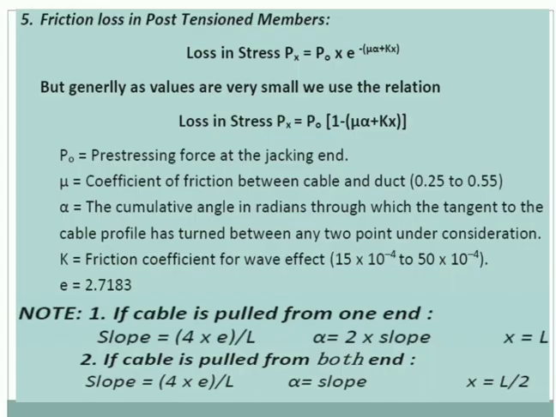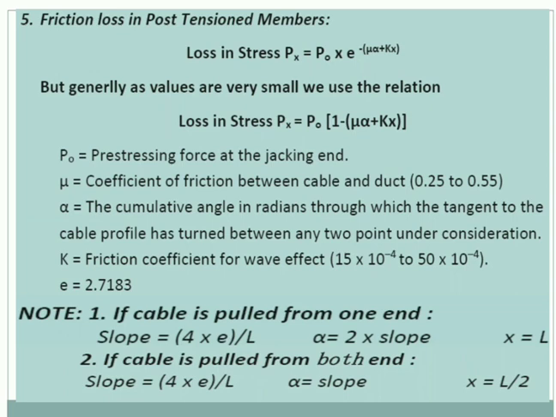Next is friction loss in post-tension members. Friction loss becomes a major loss, because friction is an opposing force which will reduce the capacity of your section. Loss in pre-stress is given by the formula Px = P0 e^(-(mu alpha + kx)).